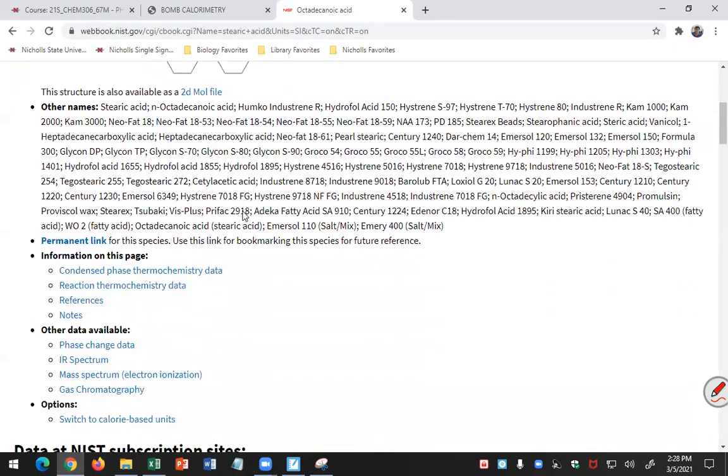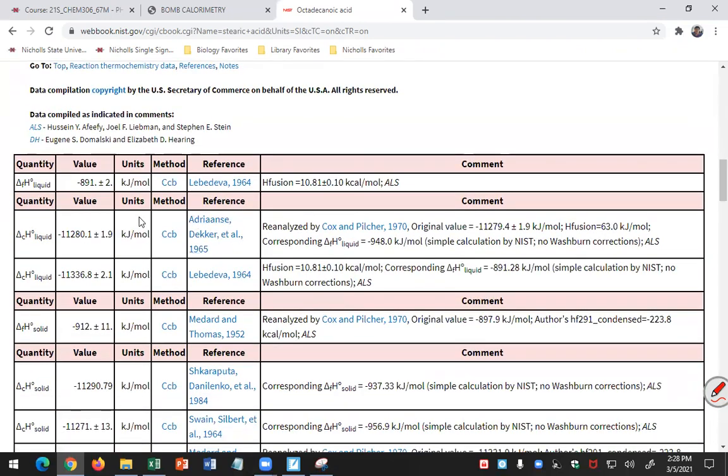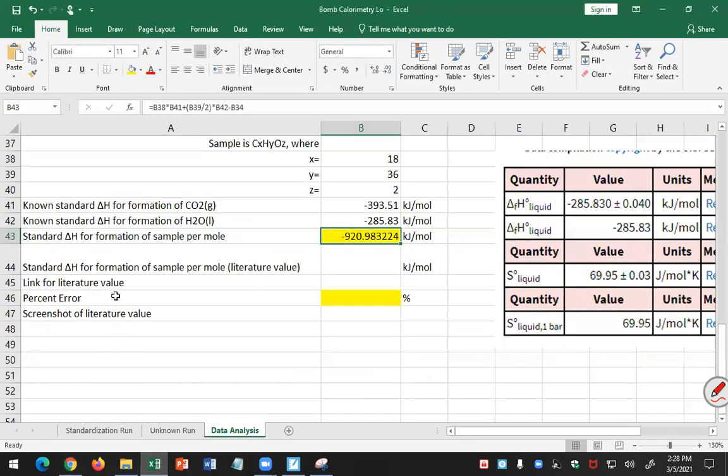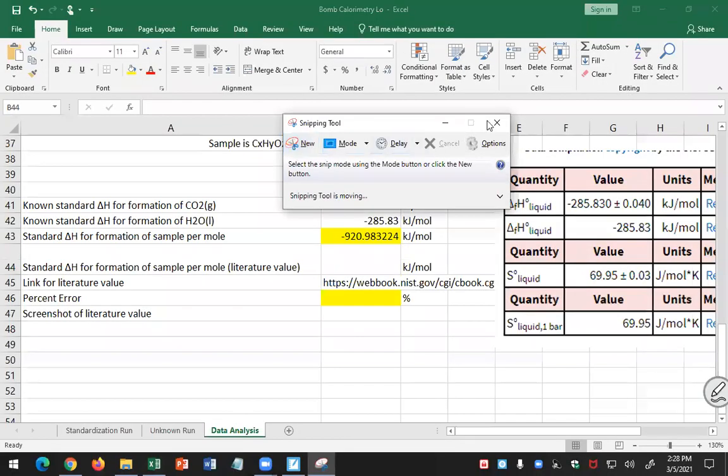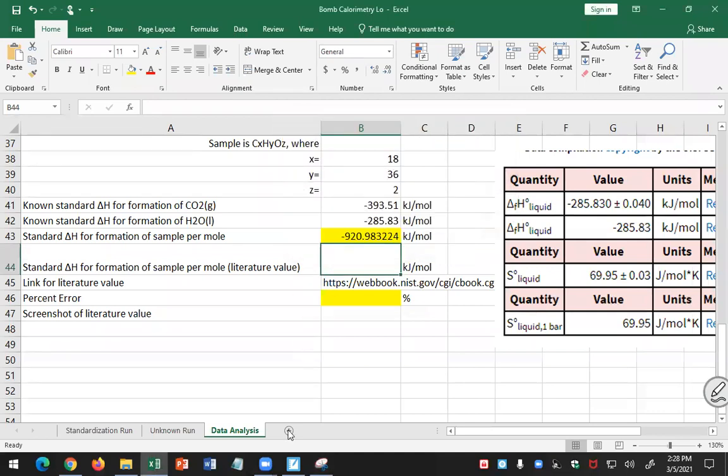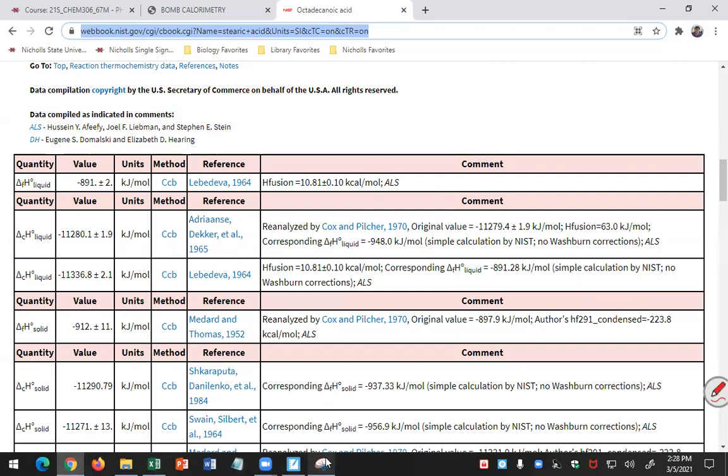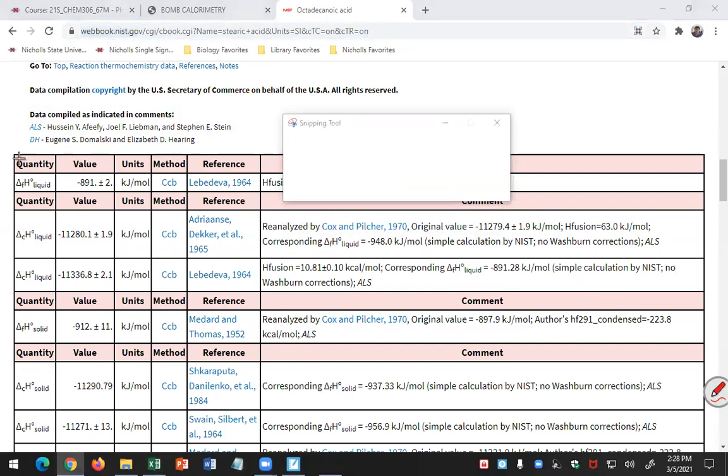Okay. So now that you have this, I've got my value. Ooh, I've got a good accuracy here. So what I need to do is I copy this link, put my link over here for my literature value. And my actual literature value, I'm going to take a snip of my literature value.